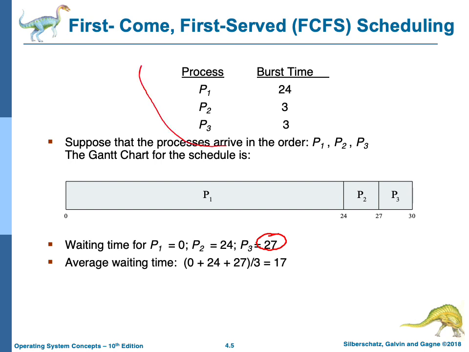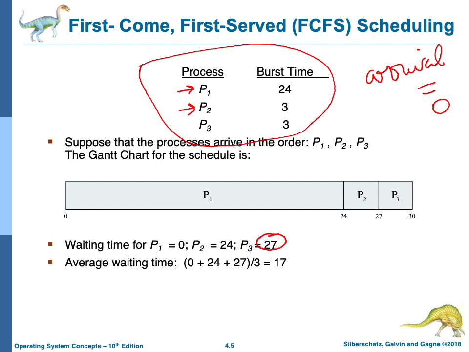So in this second workload, we have three processes. Here we don't mention the arrival time in this workload, therefore we can assume that all of these processes arrived at time 0 in this order: P1, then P2, then P3. So applying first come first serve would give us a Gantt chart.